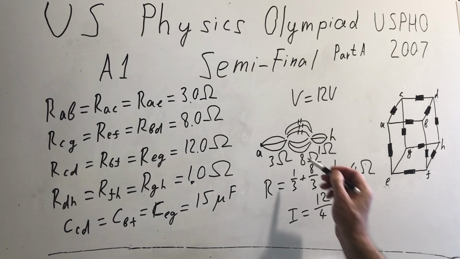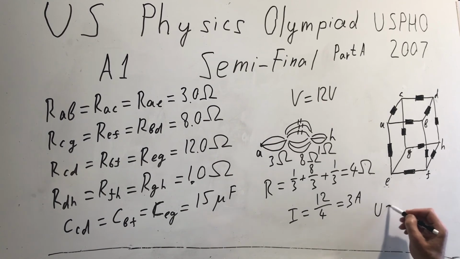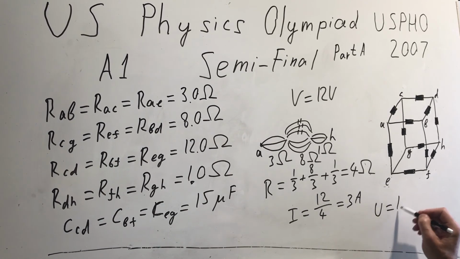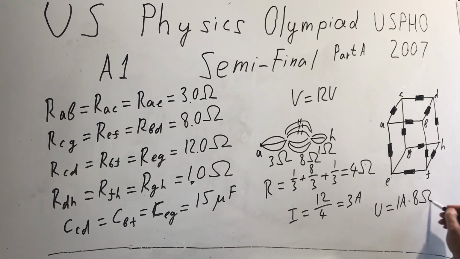So it means that the voltage between this and this point equals just 1 ampere multiplied by 8 ohm, which is 8 volts.